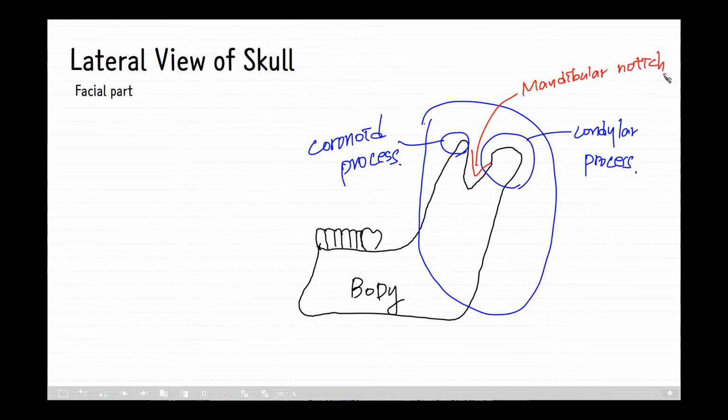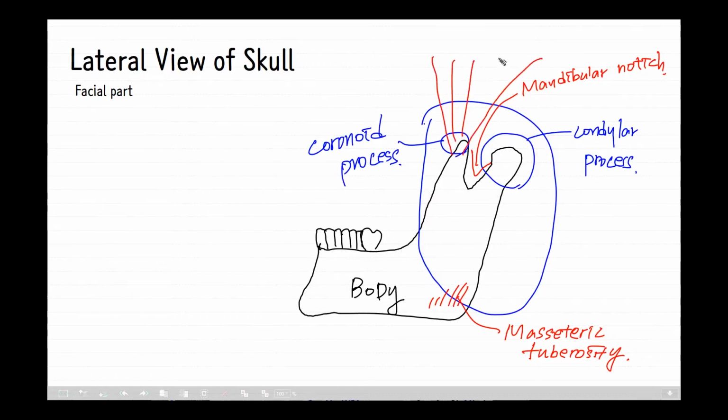The masseter muscle attached in this area is the masseteric tuberosity. The coronoid process is the site of insertion of the temporalis muscle, like this.